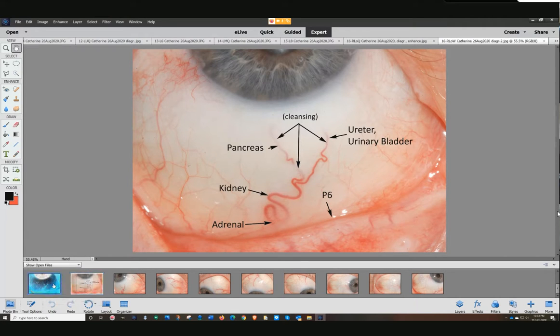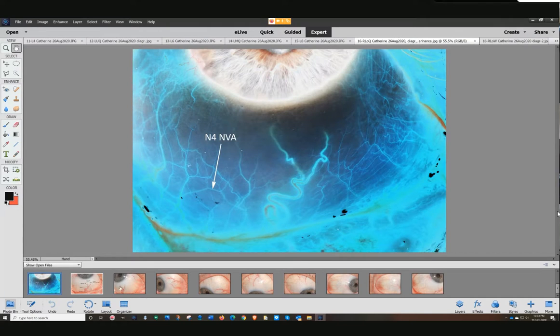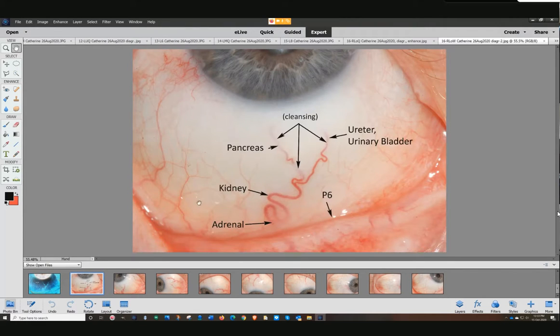This will be probably the heaviest marker. But the reason why I wanted to show this one, I didn't want to leave this out. You can see an N4-NDA, the only one that I found in these eyes, the only one. And for someone that age, usually you're seeing 2, 3, 4 different N4-NDAs, neoplasm vulnerable areas. That's cancer vulnerability. And there it is, right there.